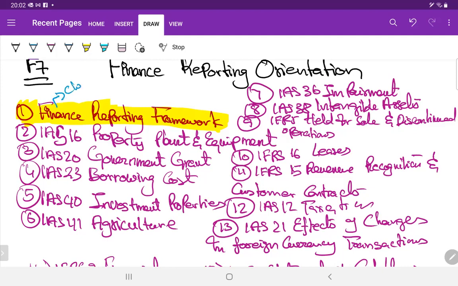Changes in the definitions of assets, liability, materiality, etc. Then after that, we will have our second topic, which is IAS 16, Property, Plant and Equipment.